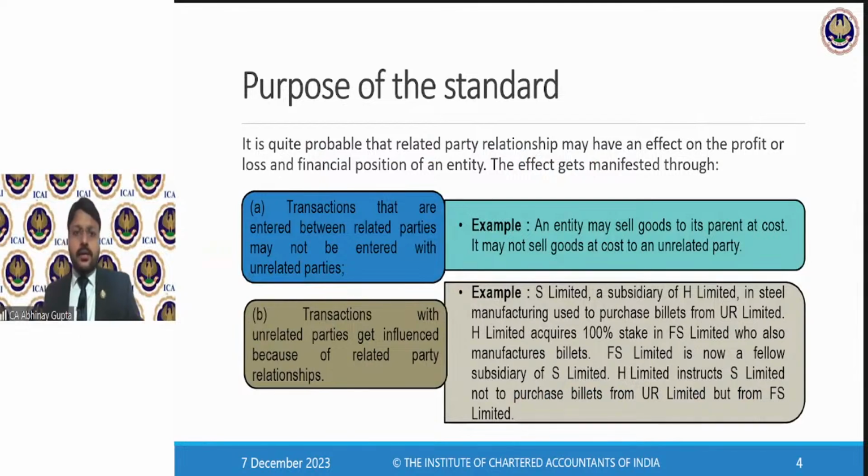Now, again, the purpose of the standard, as we have already discussed, is to make the users of the financial statements aware of the related party relationships that exist and transactions with those related parties, if there are any, and the outstanding balances, so that they can take informed decisions whether they want to deal with the company in a certain manner.